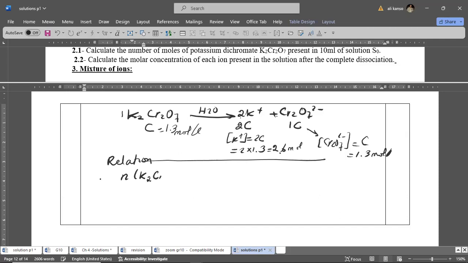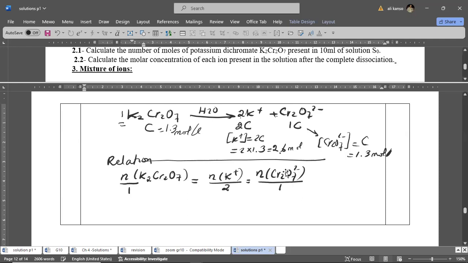Number of moles of K2Cr2O7 divided by its coefficient, the number that is multiplied by it, should equal the number of moles of K plus divided by 2, its coefficient, which is equal to the number of moles of Cr2O7 2 minus divided by 1.